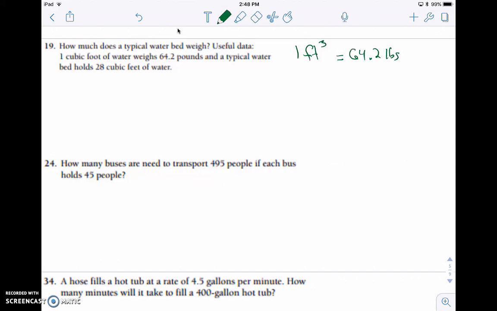From that we can get our conversion fractions: 1 cubic foot over 64.2 pounds, or 64.2 pounds over 1 cubic foot. And again, this is specific to water.